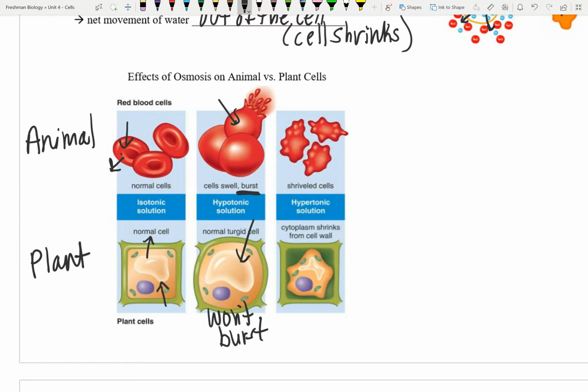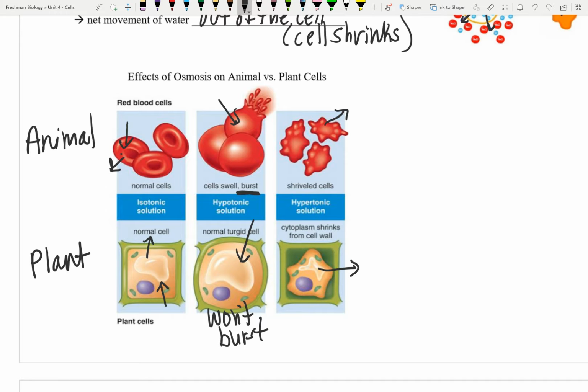Now, on the other side of things, what if someone is not drinking enough water and their cells end up surrounded by fluid that has a lot of solute but not very much water in it? Here, the cells would shrink, and this can cause dehydration with things like muscle cramping and headaches.